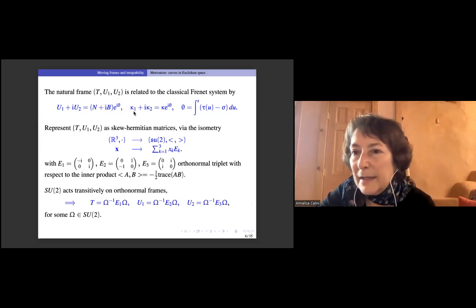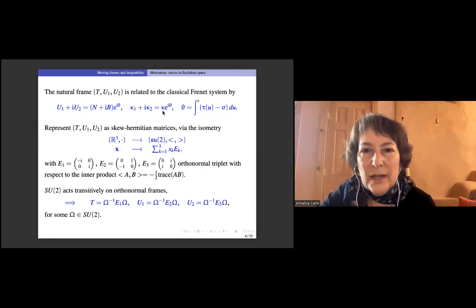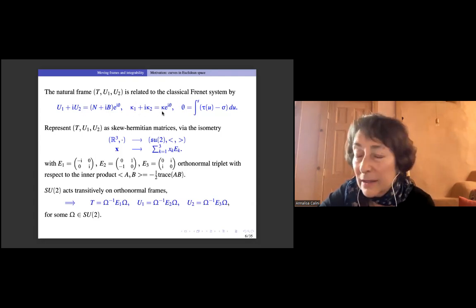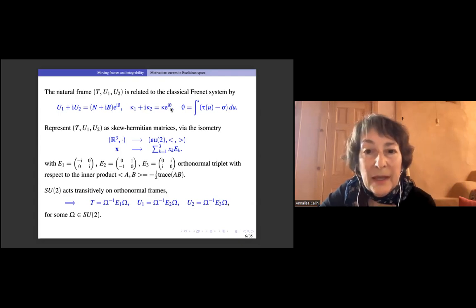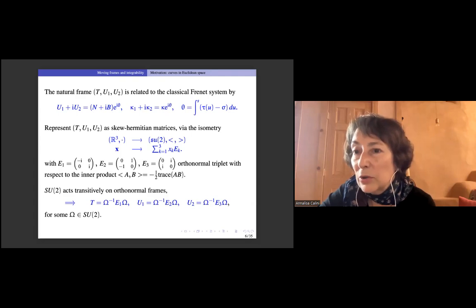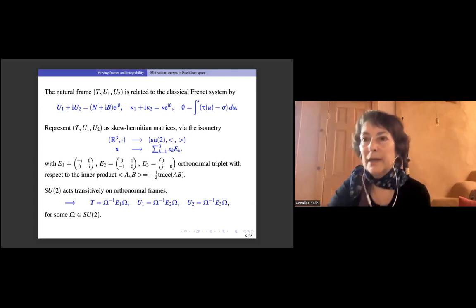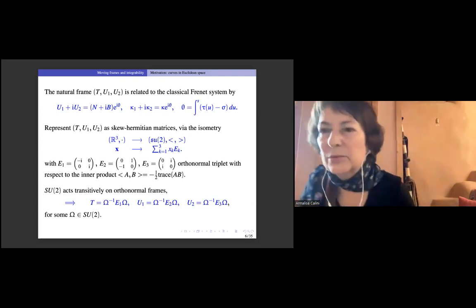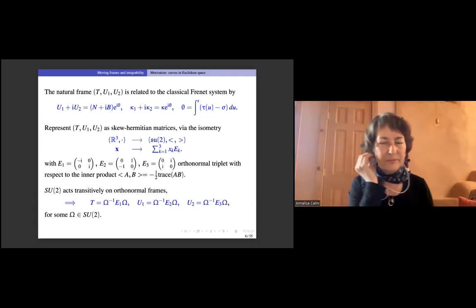These new invariants, kappa 1 and kappa 2, by the way, are called the natural curvatures. And they are related to the curvature kappa and torsion in this kind of interesting way. So the complex modulus here is the curvature kappa, and the phase is the antiderivative of the torsion, possibly modified by your constant rotation parameter.